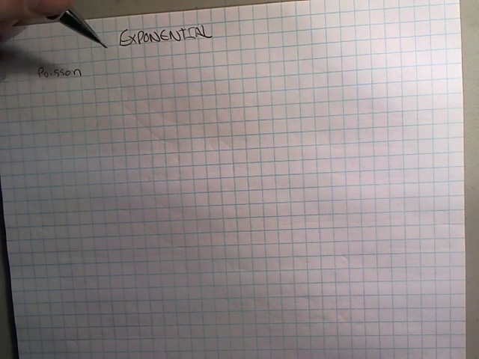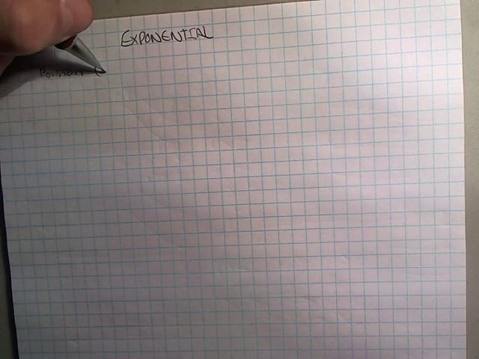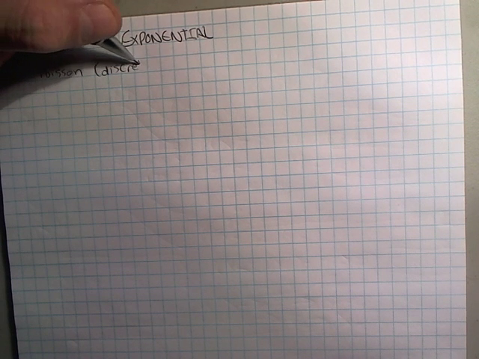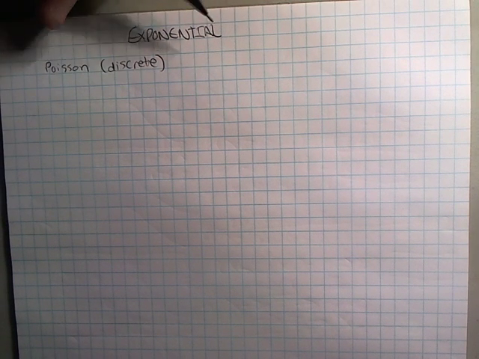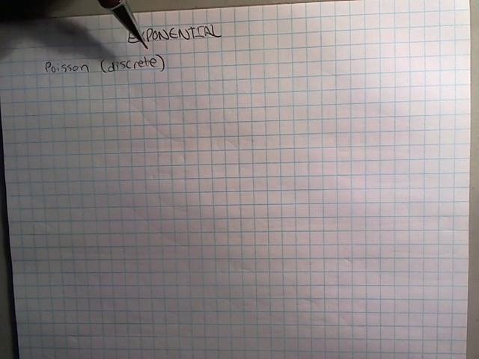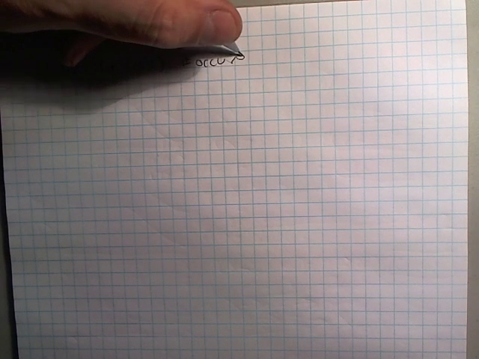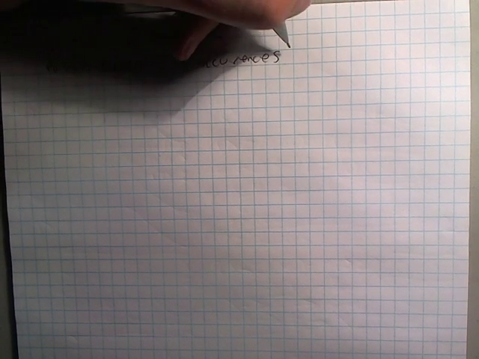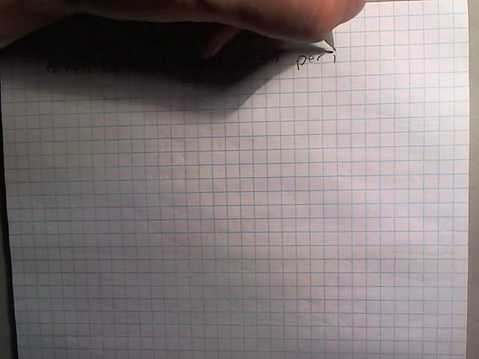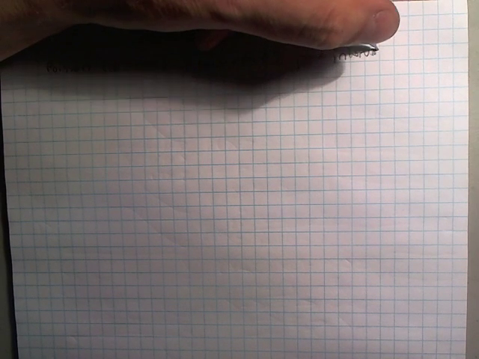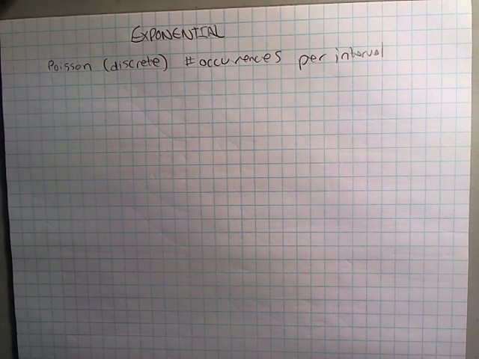In the previous chapter we discussed the Poisson distribution, and remember that that is a discrete type of variable, and what it looks at is a number of occurrences over a given interval. And that interval could be time or space.